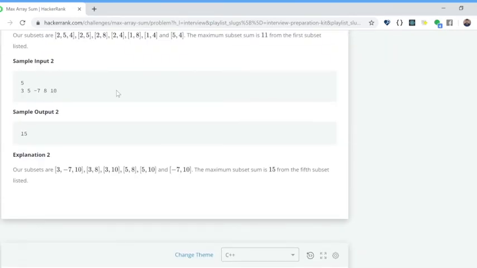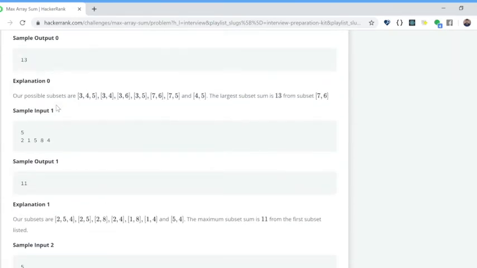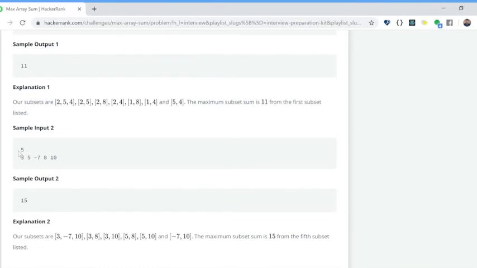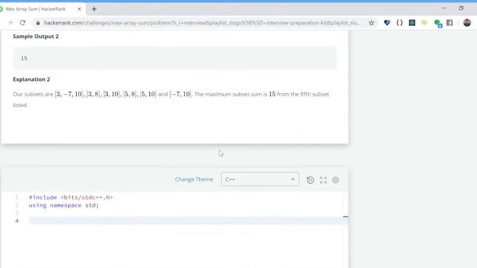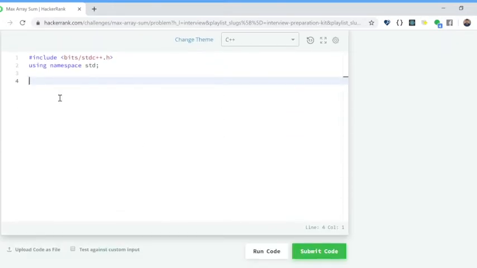So the input format says first the number of the elements in the array and secondly the array elements. So let's try to write the main function.